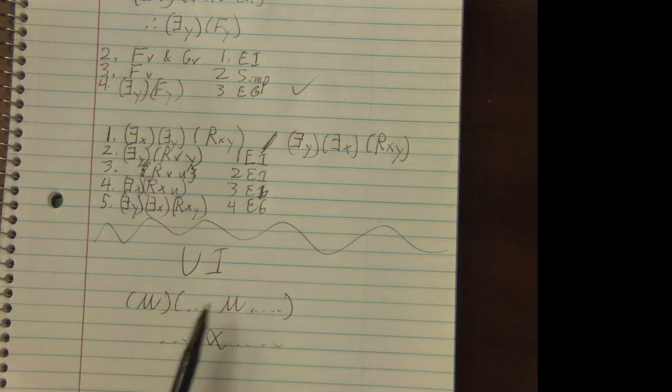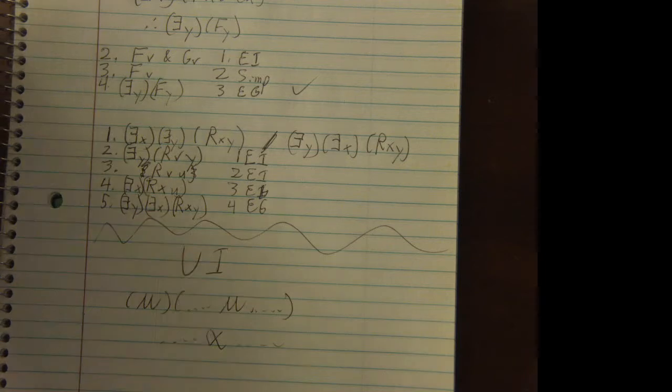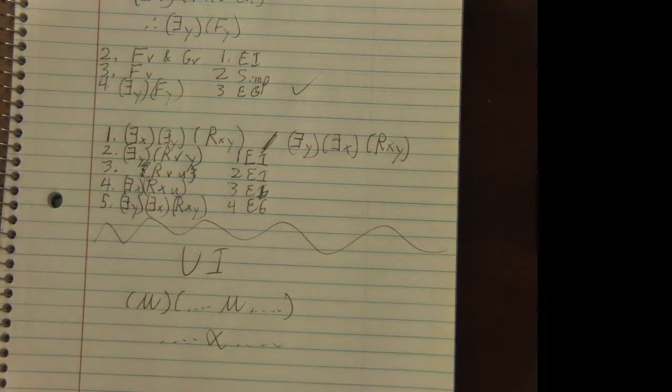Well, if it's true of everything, then trivially it's true of alpha. And so notice, among other things, like existential generalization, you can actually do this to a constant. If it's true of everything, it's true of Jen, just like with existential generalization, if it's true of Jen, it's true of someone.